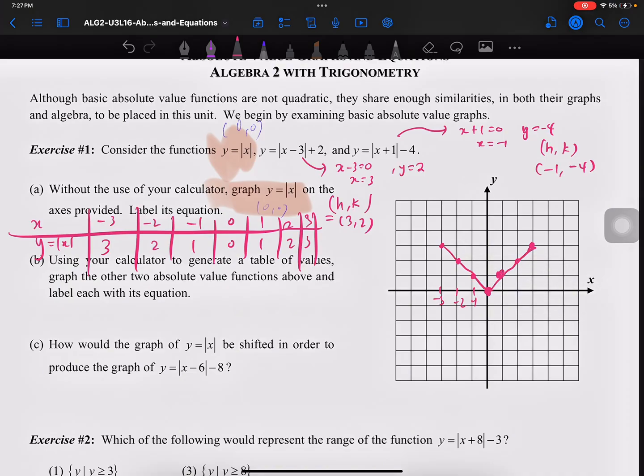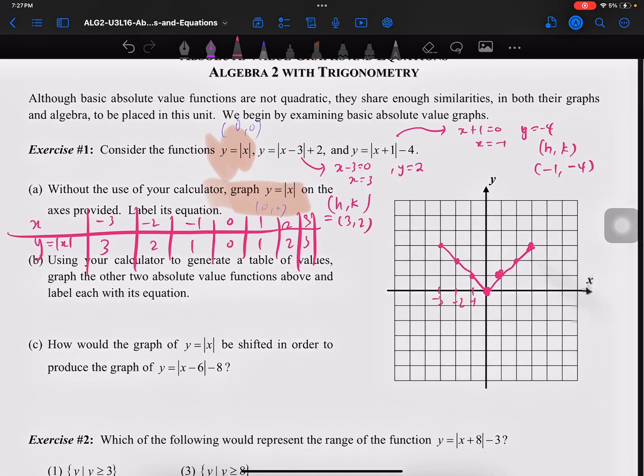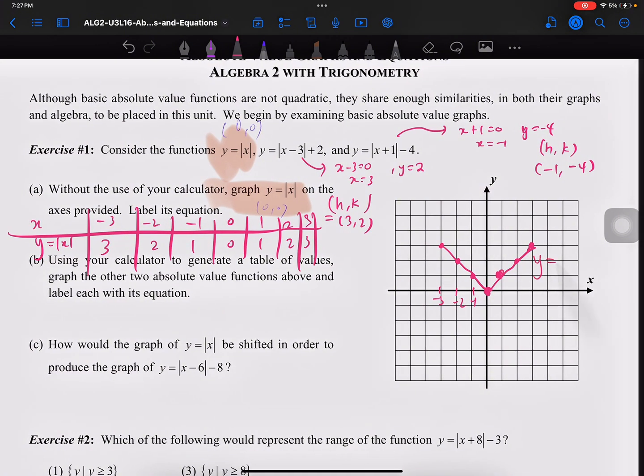Okay, this is for y equals absolute value of x. Then, using your calculator to generate a table of values, graph the other two absolute value equations above and label each equation. So we're done with this and we have another two.